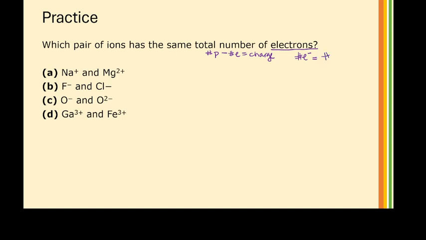If I do some algebra, I add electrons to both sides and subtract the charge from both sides. So I will need to know the number of protons and the charge. Well, the charge is given.